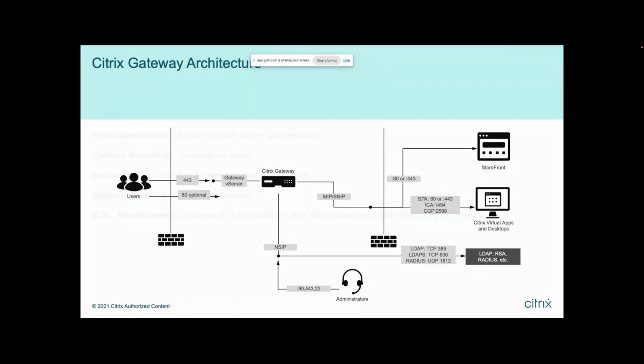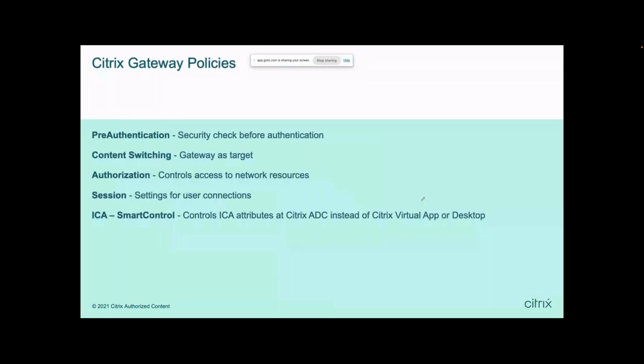I've just shown you the pre-authentication policy. It's a security check before the authentication. You can have a content switching server as your target because this is where you can have the policy bind point. You can have all your authorization controls and access to the network. You can create session profiles to set the user connections, or you can use ICA Smart Control to control all the ADCs.